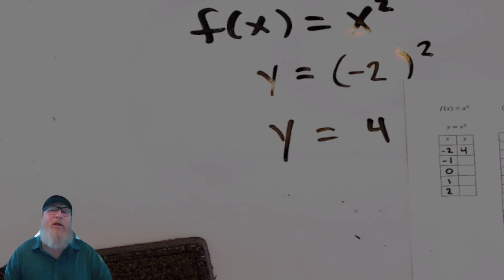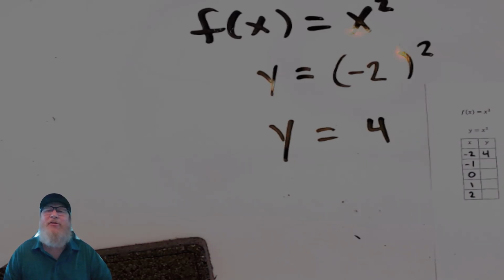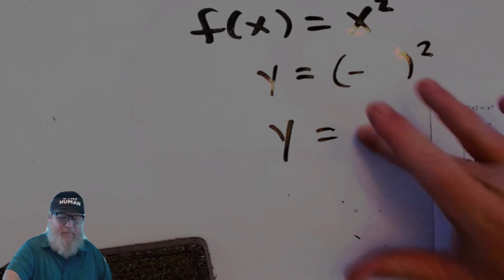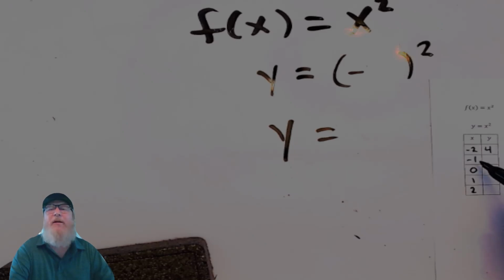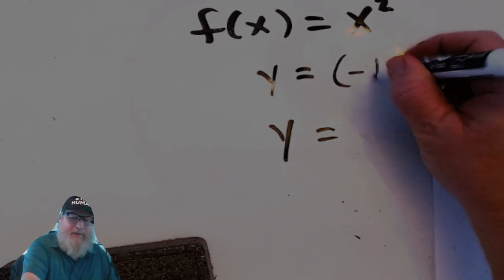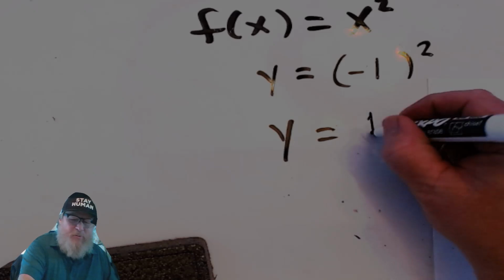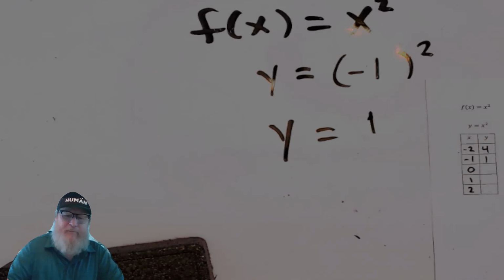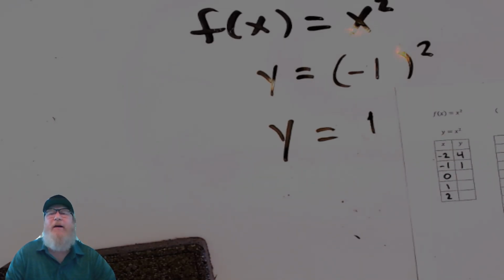You could probably do all of these mentally, right? I sure hope so. However, I'm going to do at least the first couple by hand. The next input is negative 1. Negative 1 squared is positive 1. And there you go, the y value is 1.